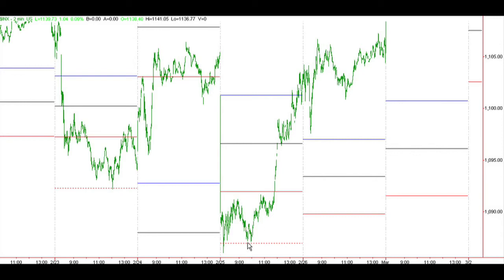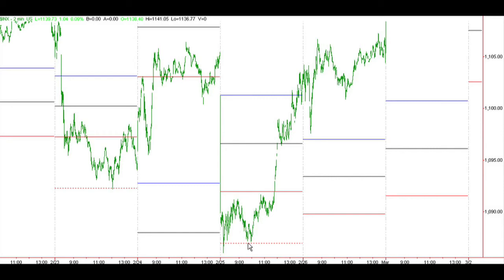So in this case, this hash line is 5 points below the low target, and if my internal strength, which we're going to get to, probably in the next video, shows me that the strength is worsening, I can add another 5 points below that. It hit right there, just punched 5 points below, rallied and came back down to it.